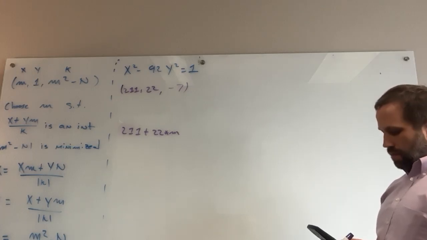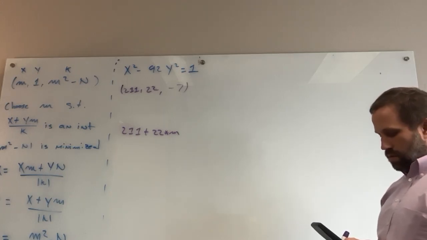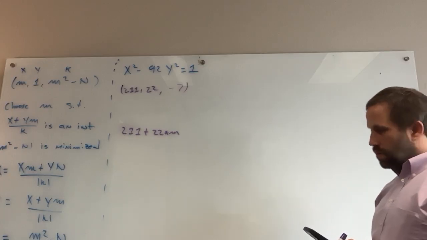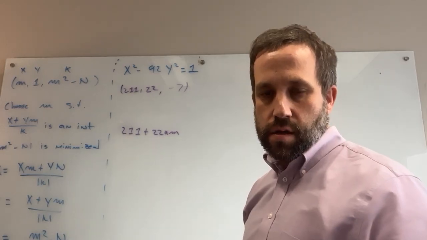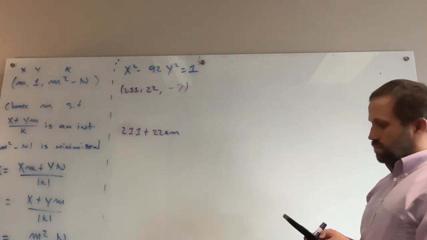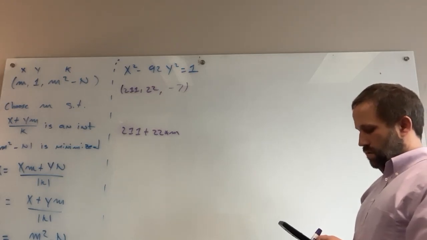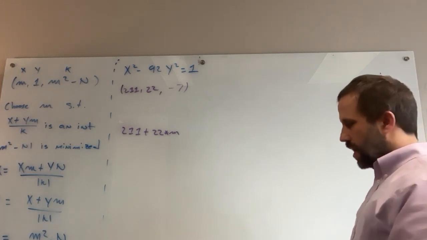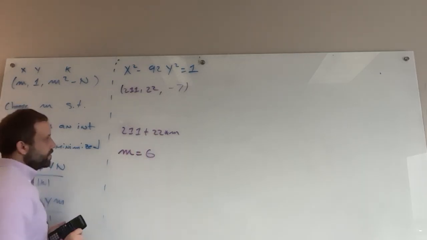211 plus 22 times 9. Okay, so if m is equal to 6, then this is going to be divisible by 7.